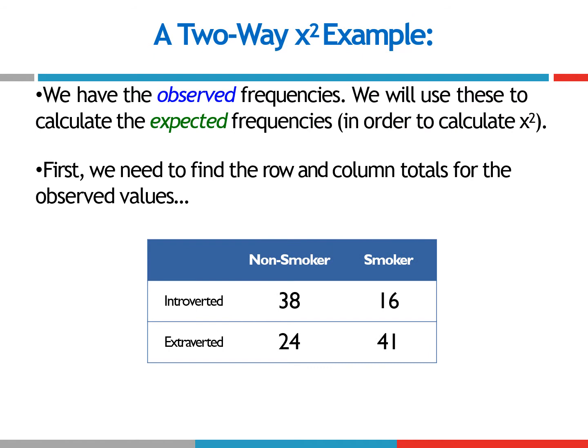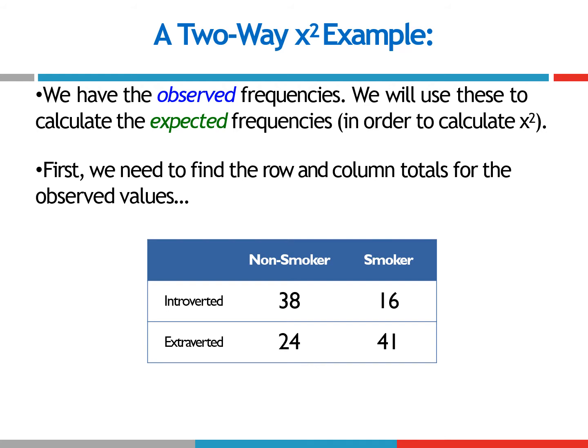We've already got the observed frequencies, or the observed percentages, from our sample, and we will use these observed frequencies to calculate the expected frequencies. Just like we had observed frequencies and expected frequencies in the one-way chi-square, we're going to have the same values and in fact the same formula for the two-way chi-square.